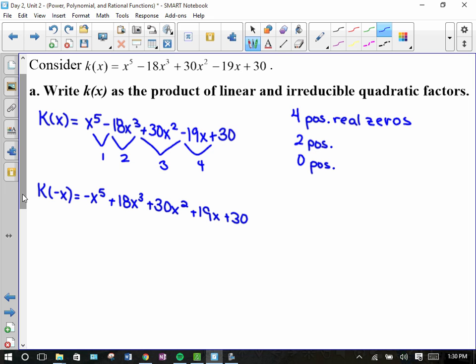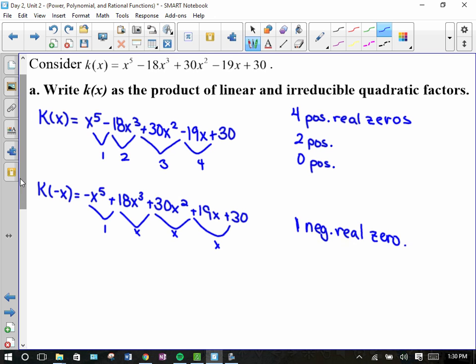Change. So 1. No more sign changes. So that tells you that there's 1 negative zero. I know that for a fact. Okay, good.